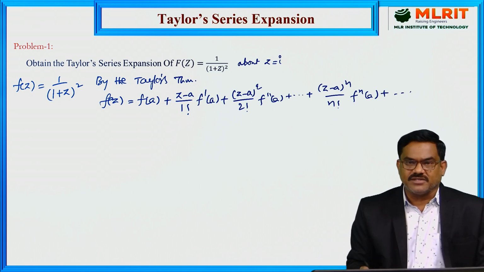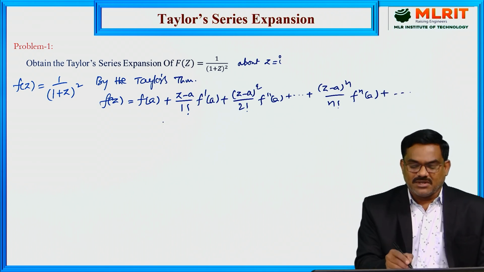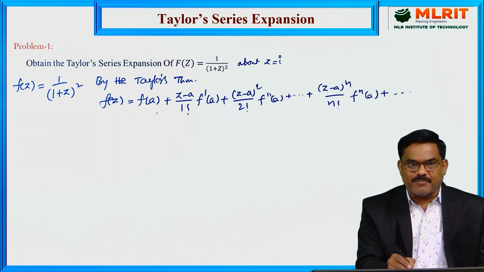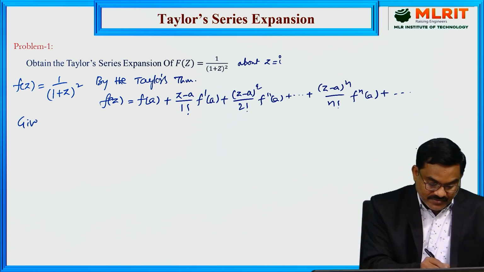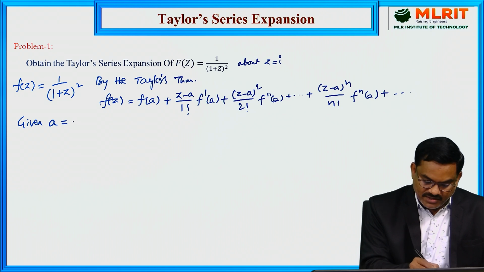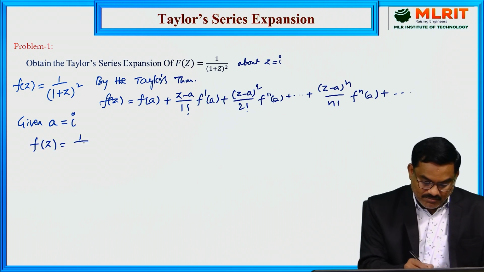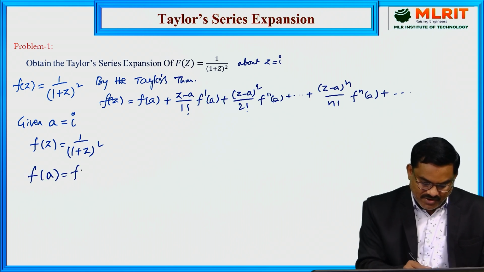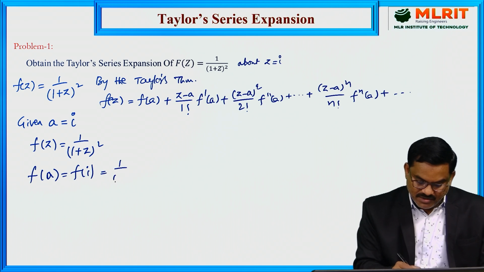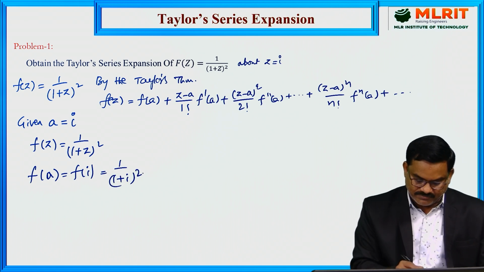It's an infinite series, so let us use this statement of the theorem to obtain the Taylor series expansion. Here the given value of a is i. So we have f of z is 1 by 1 plus z whole square. Then f of i, or f of a, is 1 by 1 plus i whole square.